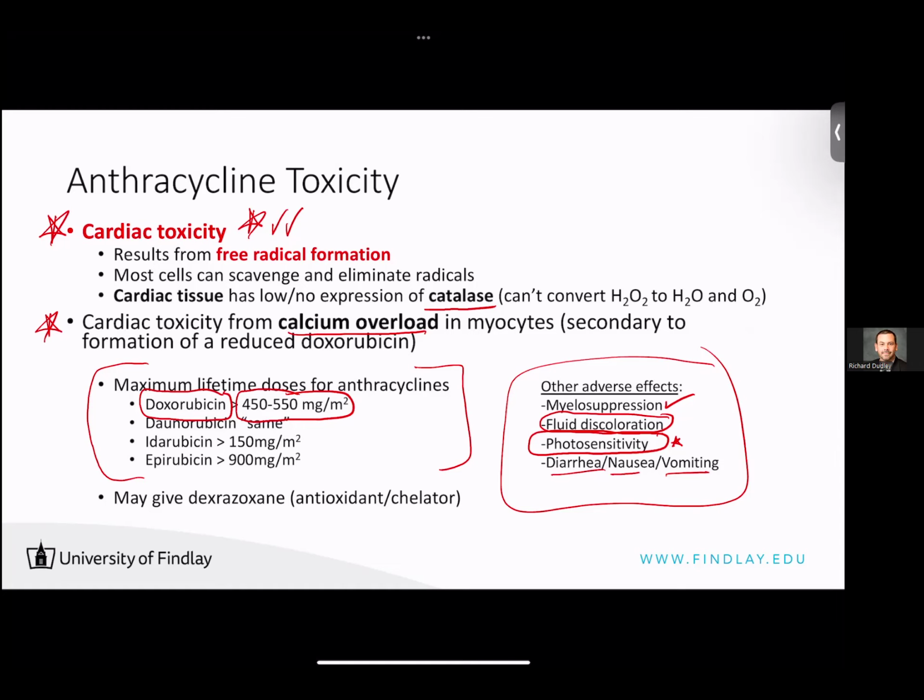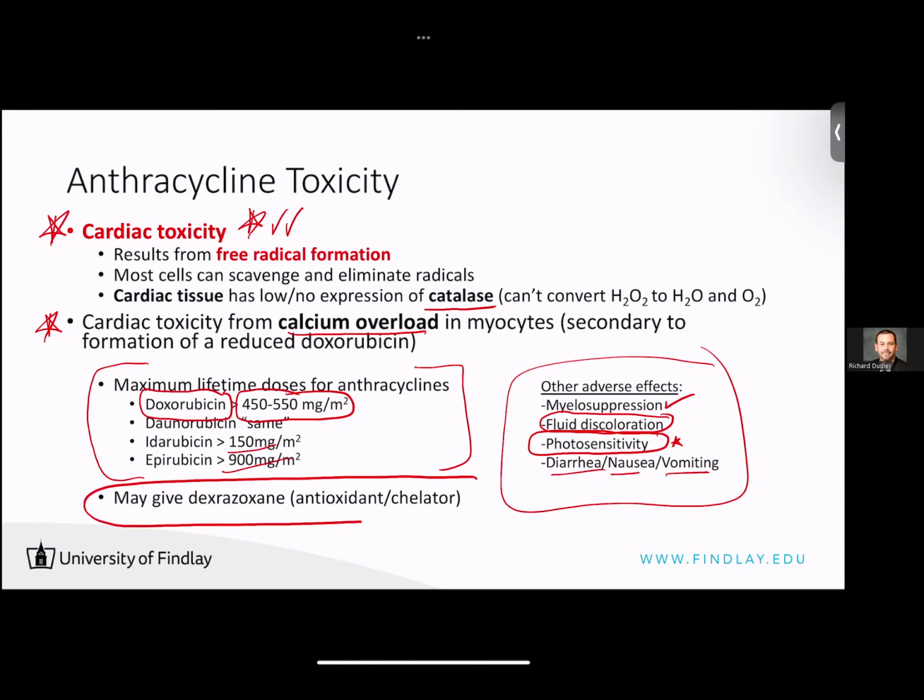If they had a recurrence of that cancer years later, and we wanted to use doxorubicin in them again, we would look at where we stopped and we'd start right there. And we wouldn't exceed that 450 to 550 milligram mark. We don't want to do more harm than good. And then here are the other established maximum lifetime doses for some of the other anthracyclines.